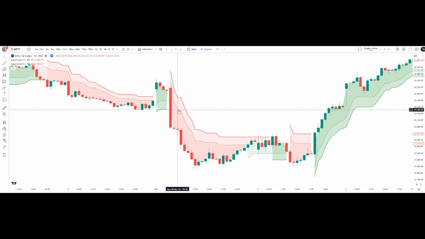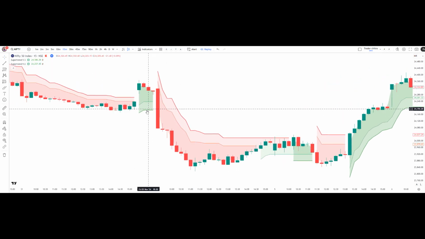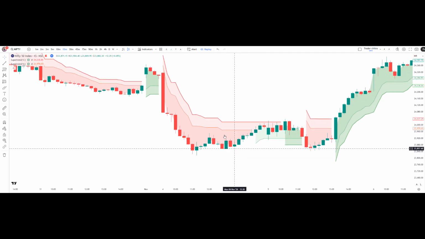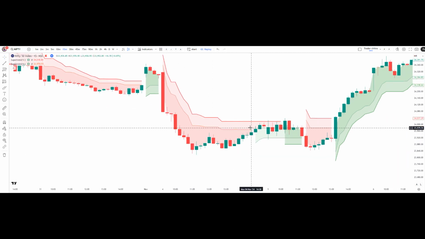So we can enter into the trade below this red candle, because here we can see the super trend support level is taken away. So you can consider entering into the short trade, as the overall bias of Nifty is looking weak. Okay, and again here we can see that the price is moving up, and here this is the major resistance level.